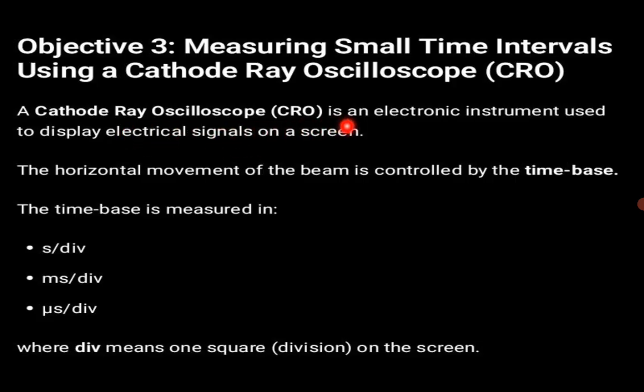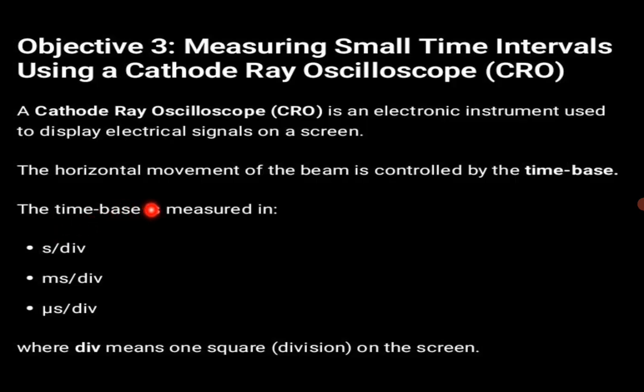A cathode ray oscilloscope is an electronic instrument used to display electrical signals on a screen. So it has a screen. The horizontal movement of the beam, which is the beam of electrons, is controlled by a button called the time base.